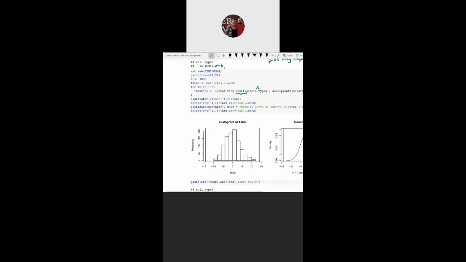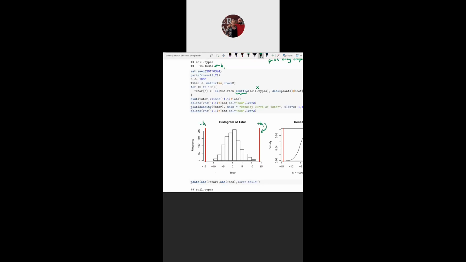And then this chunk here is just plot code. The first 2 lines get us the plot on the left. Then the second 2 lines are getting us the plot on the right. And these red lines are marking out where our observed slope was.